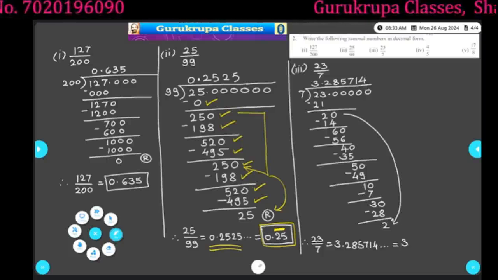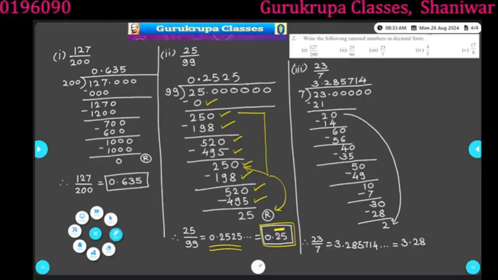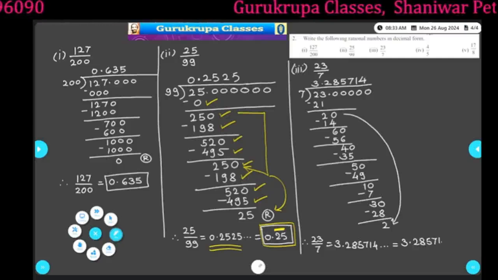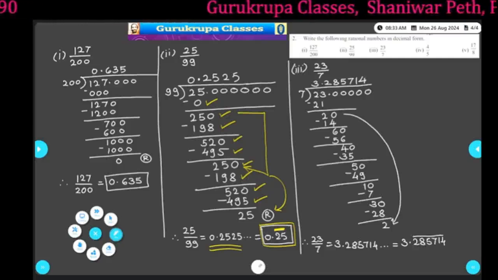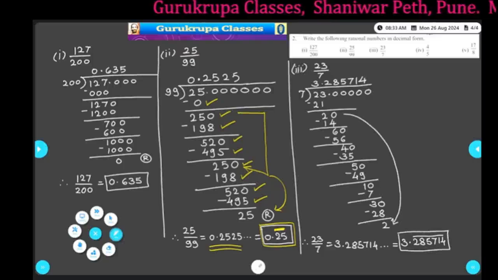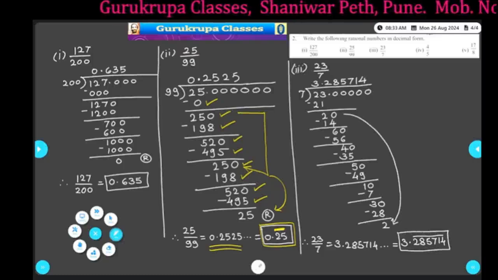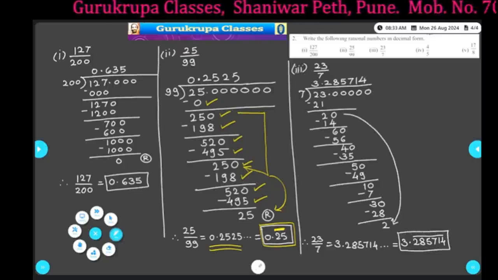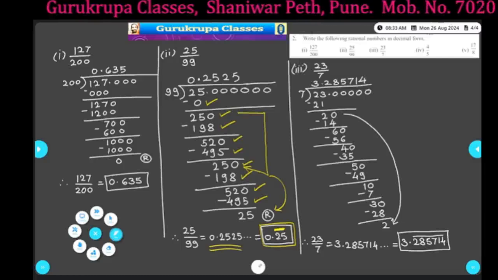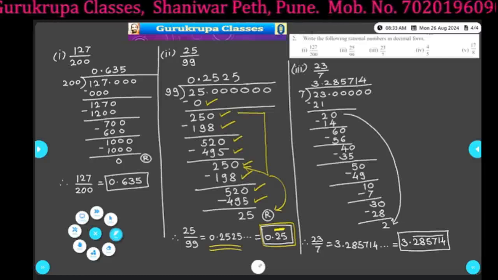So we can write it by taking the sign of a bar: 285714. This group of digits occurs again and again. For that we take the bar over the head of that group, 2, 8, 5, 7, 1, 4. So this is the non-terminating recurring decimal form of the given rational number.